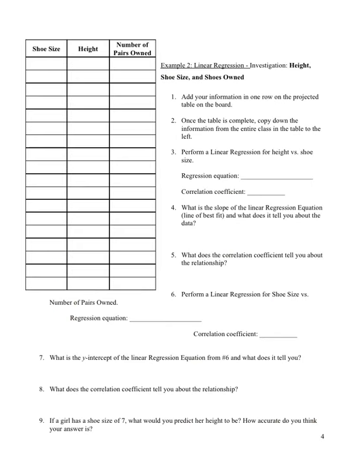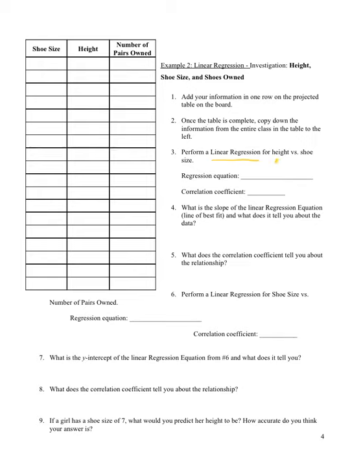Now, this was an example we could do to investigate this a little bit further. We could ask people to fill in their shoe size, the height, the number of pairs of shoes owned, and we could look at these types of questions. So you will be asked to take data, enter it in lists, and perform a linear regression depending on the variables that are chosen.